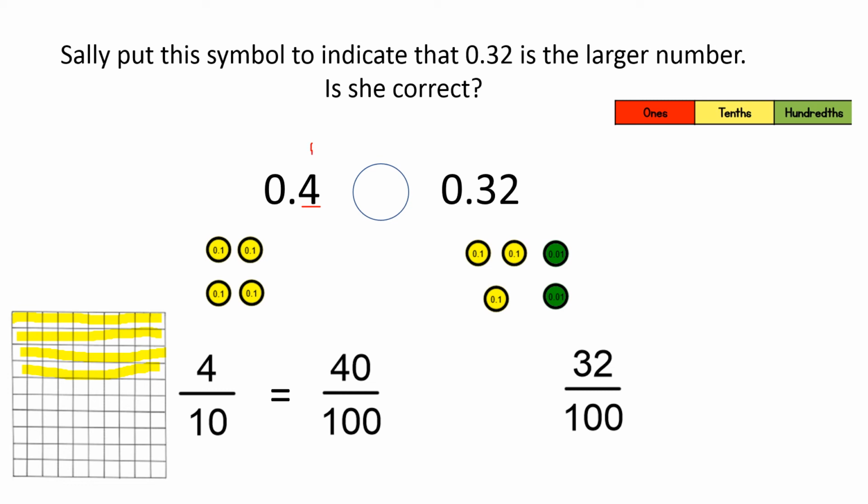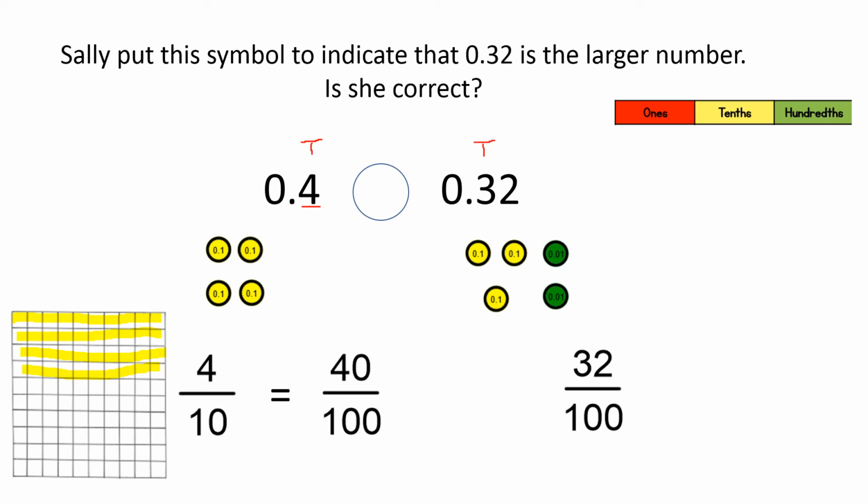So remember, we always look after the decimal point, we always look towards the tenths column to see which number is greater. Already we can see that 0.4 is greater, because what is the tenths column in 0.32? Pause and have a think. In the tenths column we have 3, and 3 is smaller than 4.